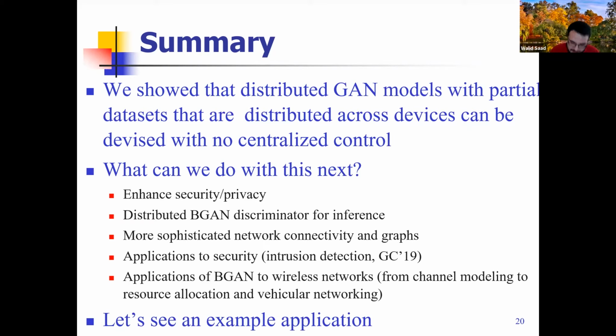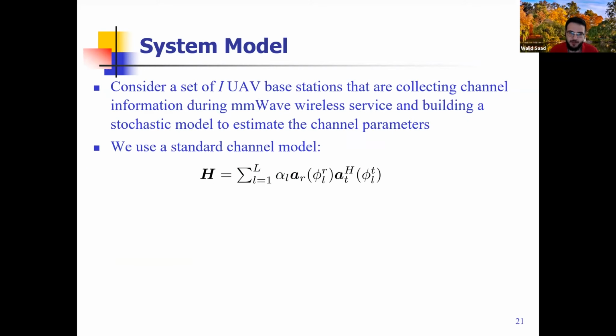And that kind of transitions to my next application. In this application, it's a very simple model, and we tried to focus more on the learning side, in some sense. So we considered that we have UAV base stations. Why UAVs? Beyond the idea that UAVs admit a lot of application domains and are more and more becoming common to transmit data in different applications, also because UAVs eventually can move.